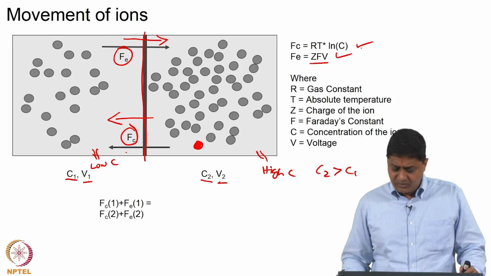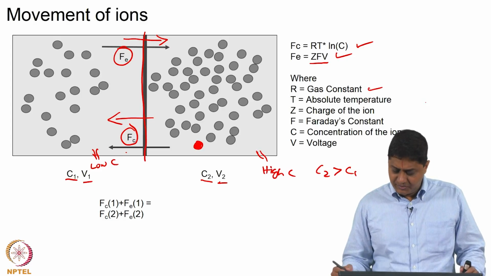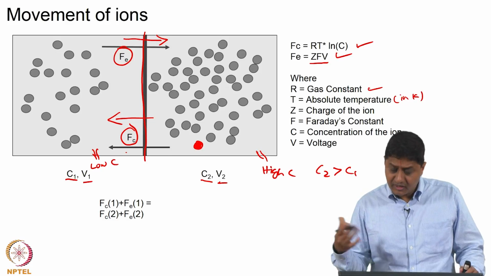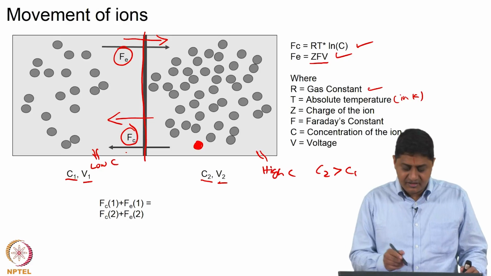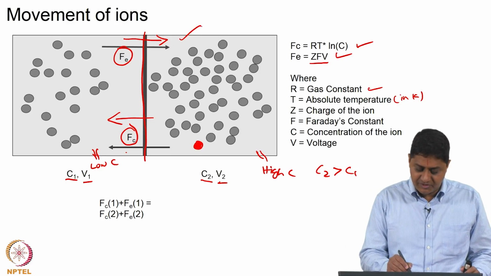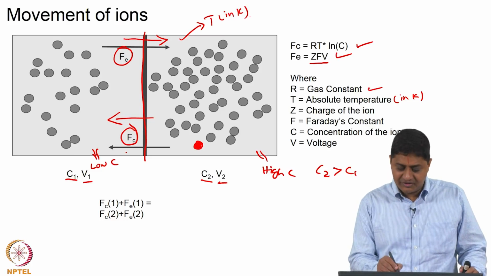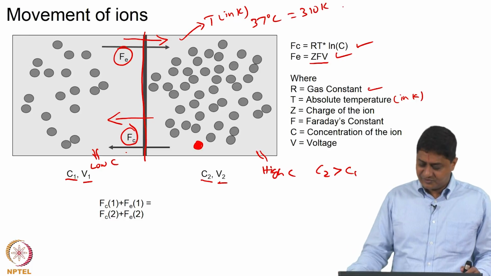These are already known, where R is the gas constant, T is the absolute temperature, so in Kelvin, right, the temperature at which the computation is performed, or the temperature at which these chambers are. For example, in humans this would be 37 degrees Celsius or 310 Kelvin. So, appropriately we will have to substitute that value.